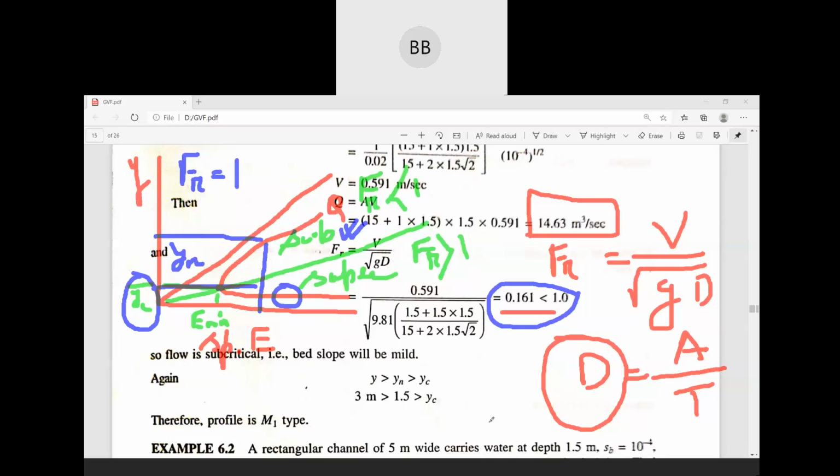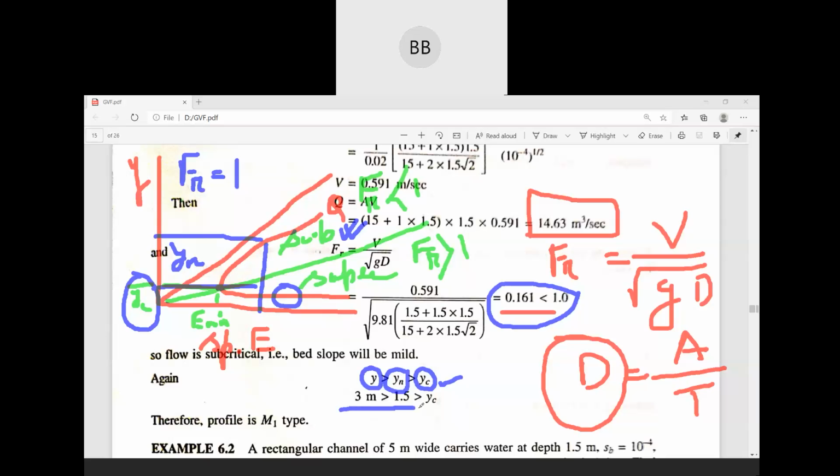Since the flow is subcritical, the first depth is 3 meter after the rise. The YN value is given as 1.5 meter, and the critical depth is less than the YN value because the flow is subcritical. We don't know the value of YC, but from here we can understand that YN is greater than YC.